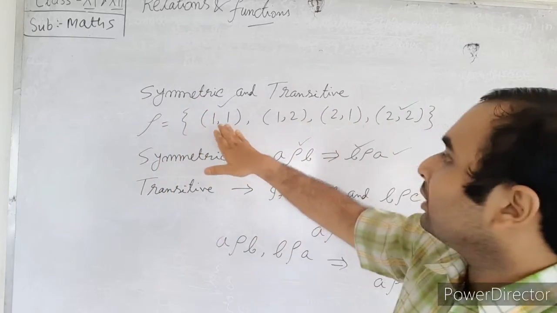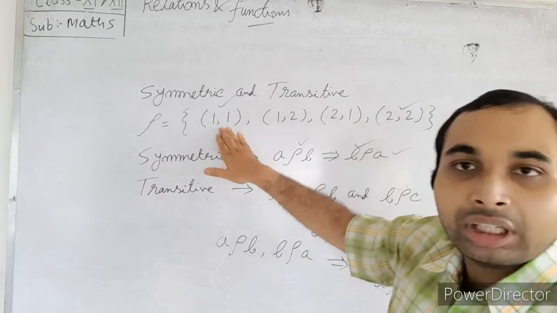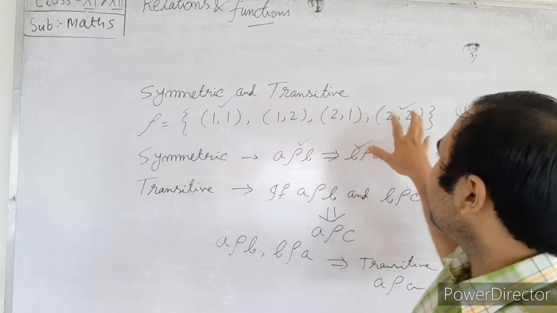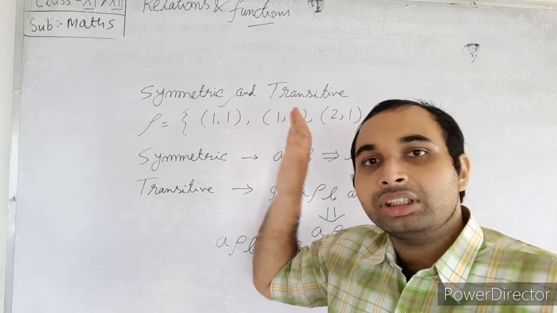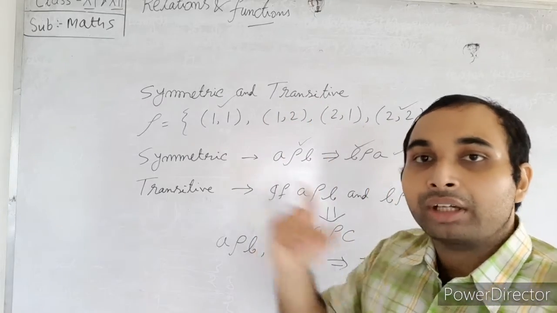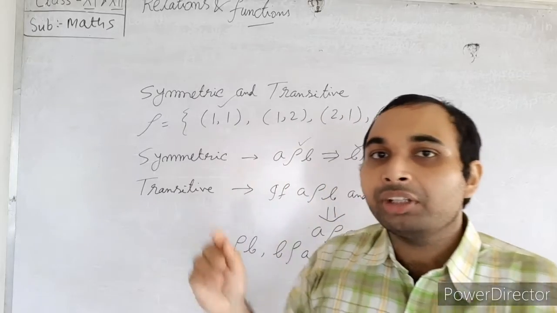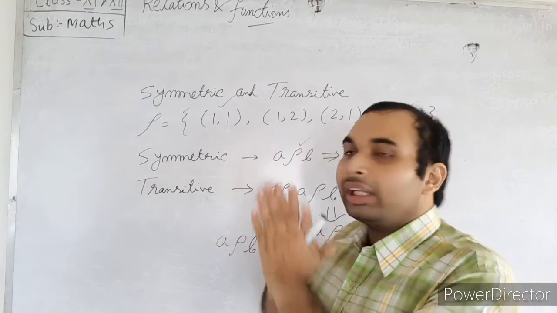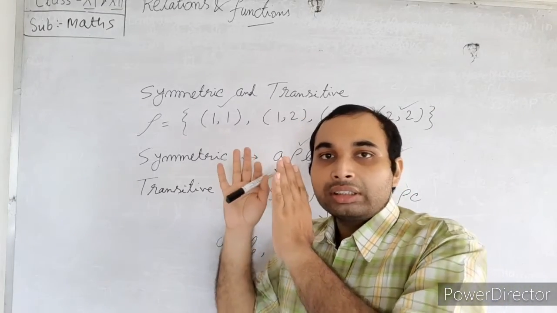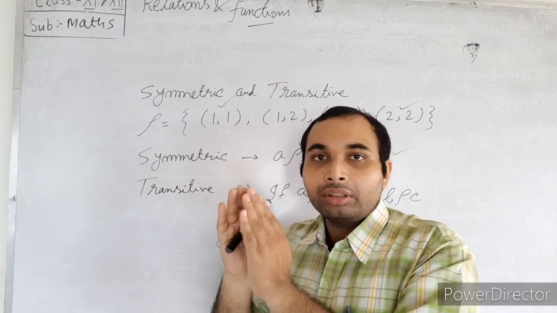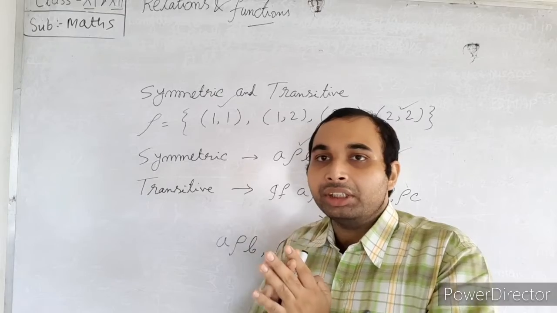here you can see (1,1) and (2,2) are the identity relations I have told you previously. Reflexive relation is also an identity relation, but one main condition is there: for a reflexive relation, all the elements of the set have to be in the identity relation.